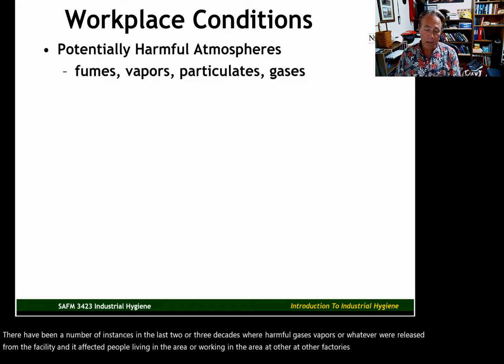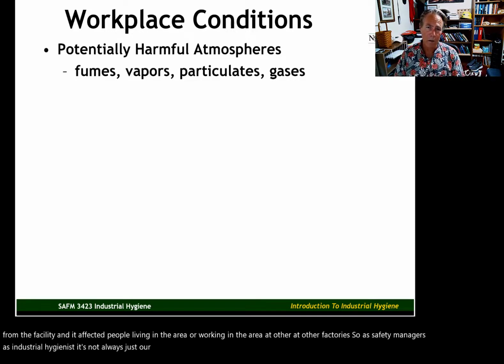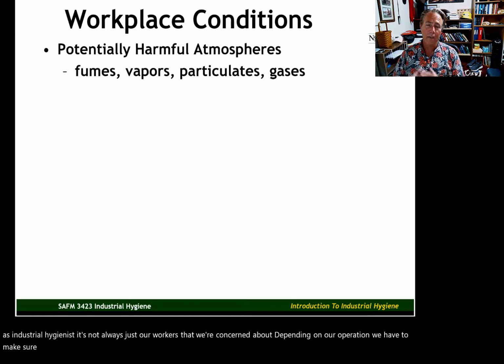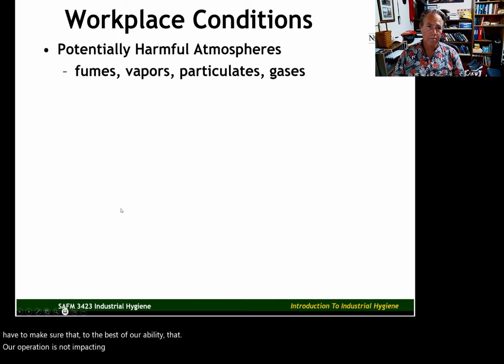So as safety managers, as industrial hygienists, it's not always just our workers that we're concerned about. Depending on our operation, we have to make sure that, to the best of our ability, our operation is not impacting the larger community. And potentially harmful atmospheres is one way that we could impact the larger community.